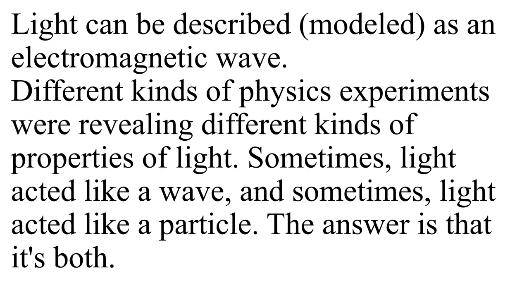Different kinds of physics experiments were revealing different kinds of properties of light. Sometimes light acted like a wave and sometimes light acted like a particle. The answer is that it's both.